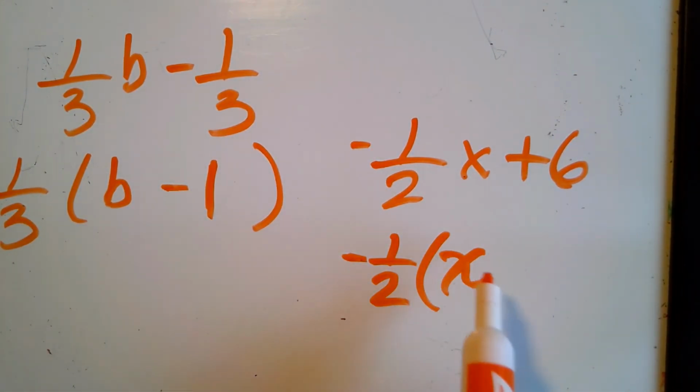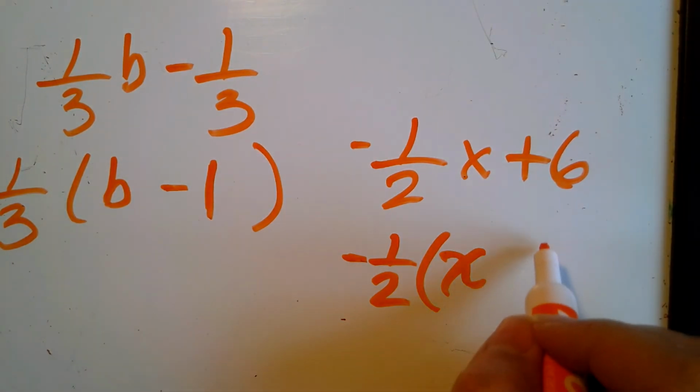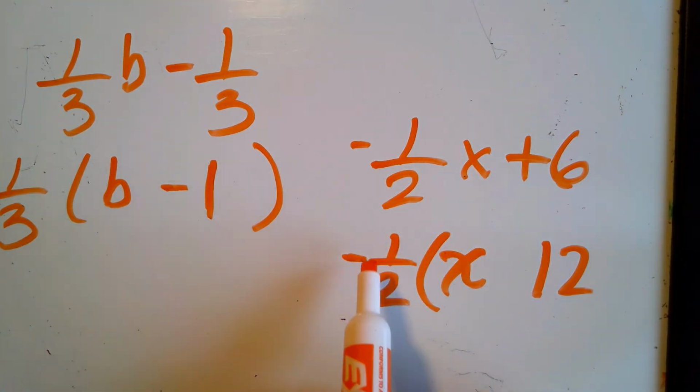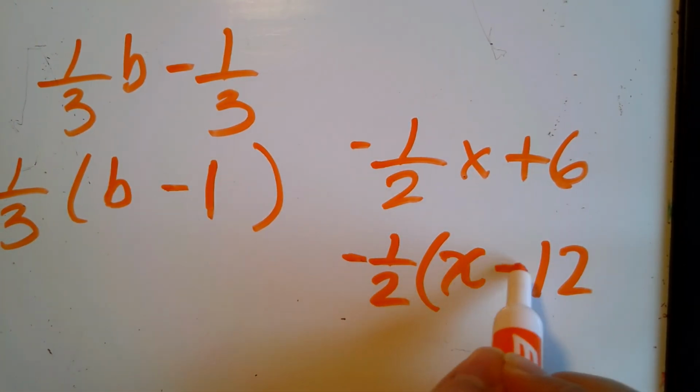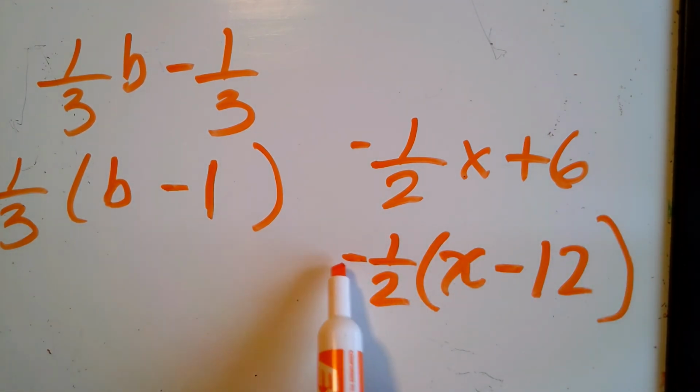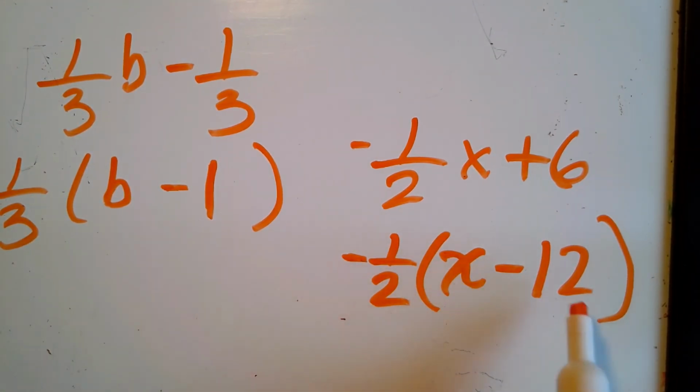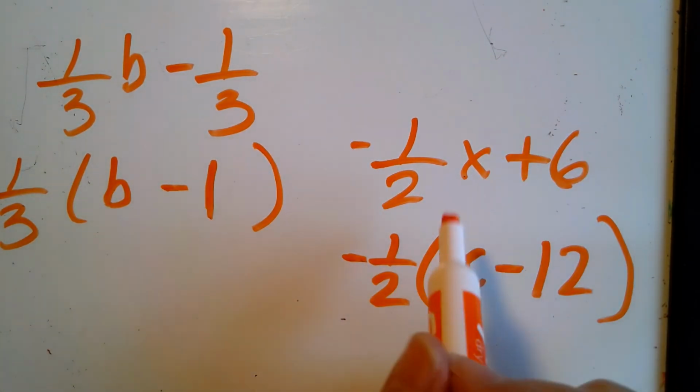Now, half of what number would be 6? That'd be 12, wouldn't it? Now when I multiply these two though, it needs to be positive. So this must be negative. So if I did negative 1/2 times negative 12, it would give me a positive 6. Okay, so think about that.